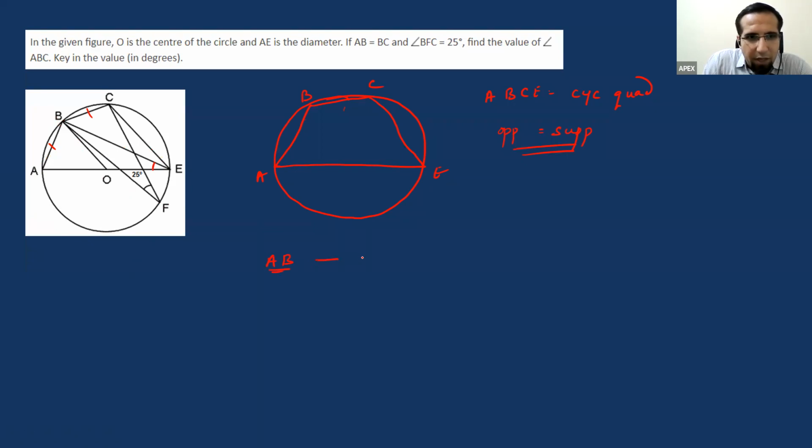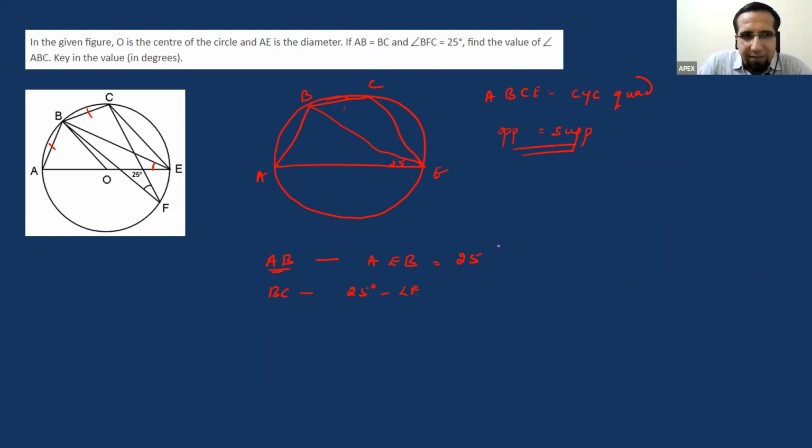AB is subtending angle AEB at the circumference, and BC is subtending 25 degrees at the circumference, that is angle F. So can I say angle ABE is equal to 25? And angle E is connected to this. So this is equal to 25.